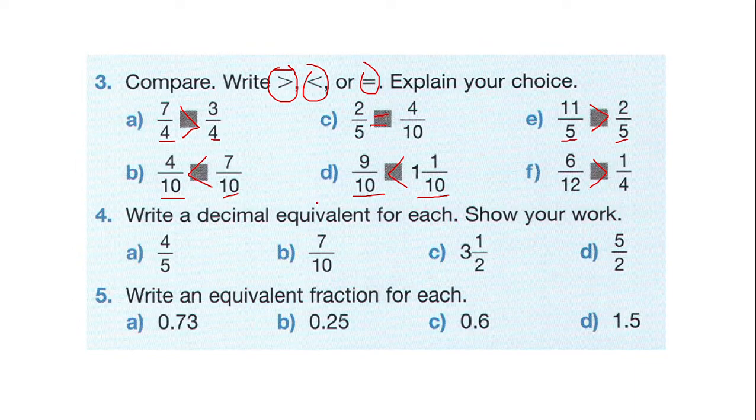Now for the decimal equivalent for each, show how you did your work. We have so many different ways of doing this. The way that we found the decimal equivalent would be writing it as a fraction first and then writing it over 1. So let's write this as an equivalent fraction. If we write an equivalent fraction over 100, we could write it as a percentage. So if we multiply 5 by 20, we get 100.